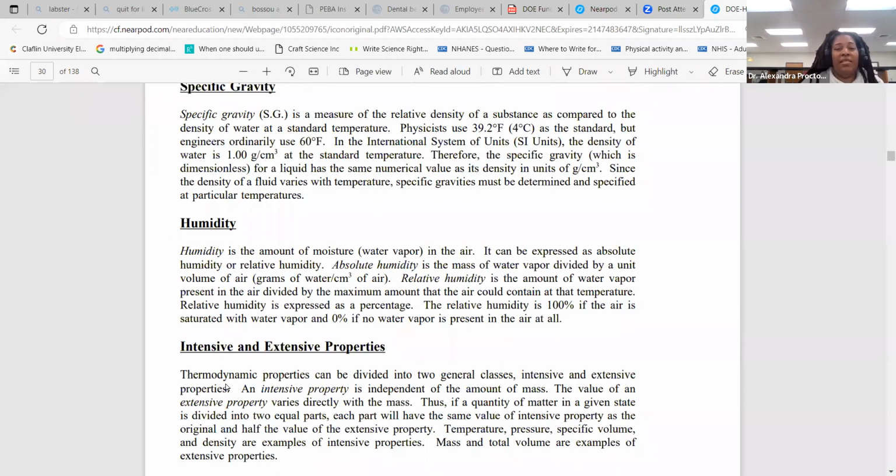So physicists use 39.2 Fahrenheit or 4 degrees Celsius as a standard, but engineers normally use 60 degrees Fahrenheit. In the SI units, and we call it the International System of Units, the density of water is 1 gram per centimeter cubed. Okay, so we're using the English system, and that's why you see that the units are different.